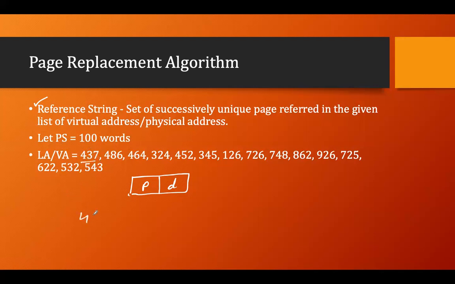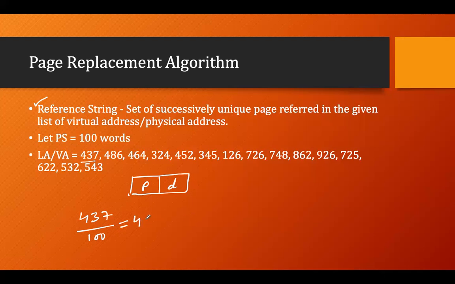So if the page size is 100 words, let's say 437 is the virtual address or physical address. How will we find the value of p? The value of p will be found by dividing by the page size, which is 100, and taking the integer value out of it.